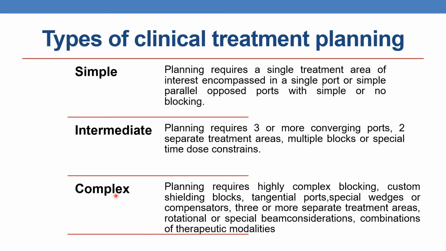Now coming to complex clinical treatment planning, the planning requires highly complex blocking, custom shielding blocks, tangential ports, special wedges or compensators, three or more separate treatment areas, rotational or special beam considerations, combinations of therapeutic modalities. These are all the aspects that are involved in complex treatment planning.